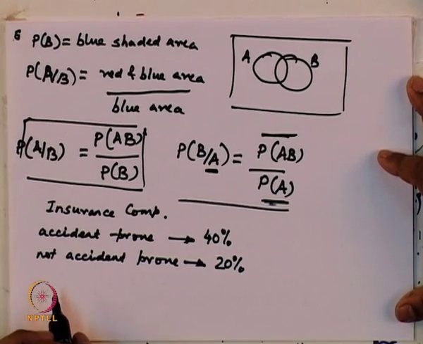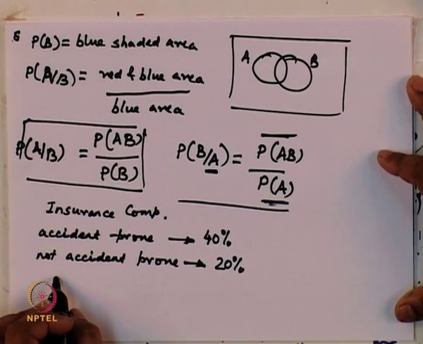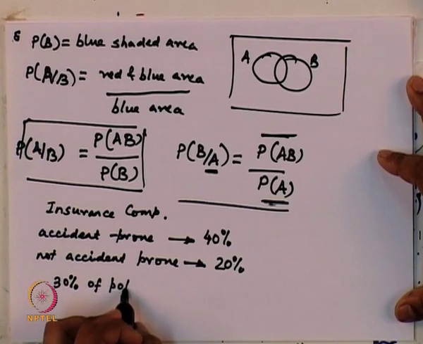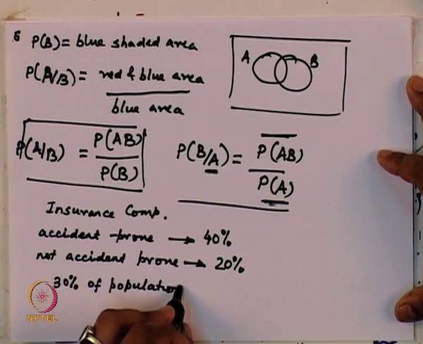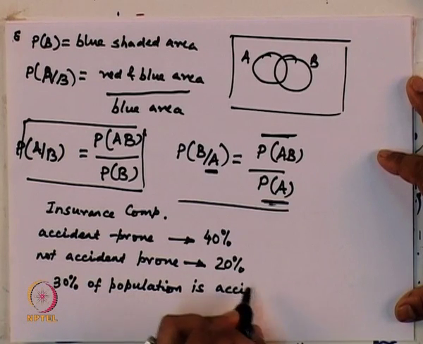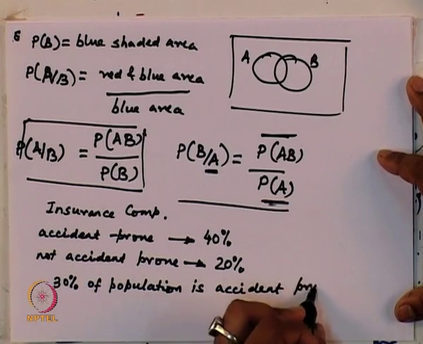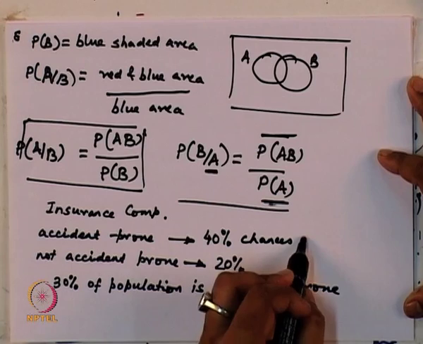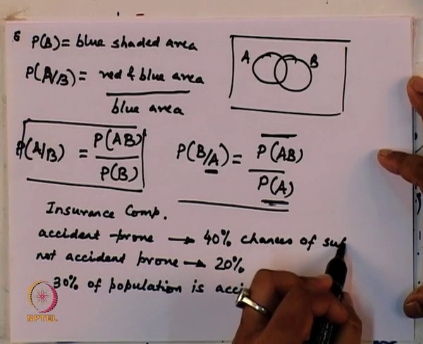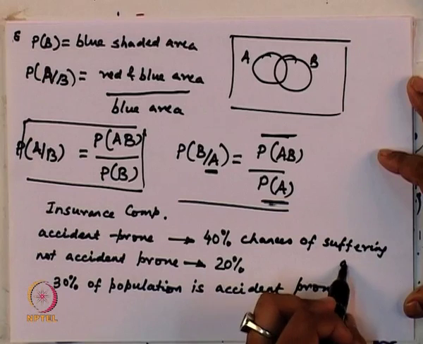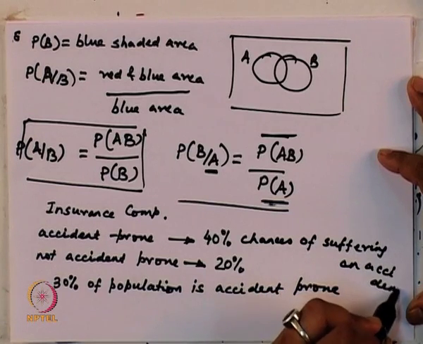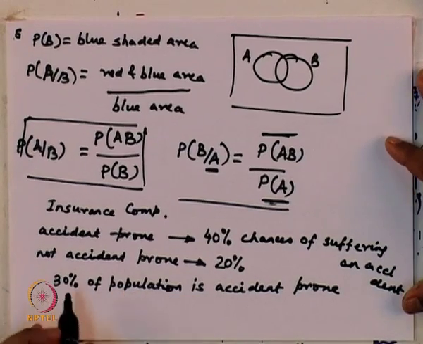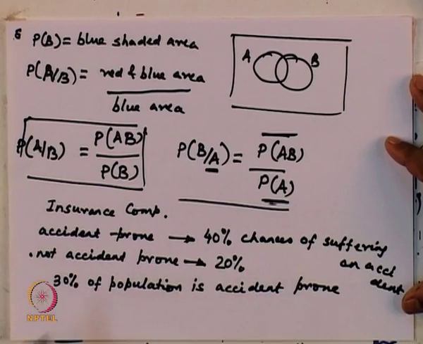Let us say 30% of the population is accident prone. The accident prone person has a 40% chance of suffering an accident, and the person who is not accident prone has a 20% chance.